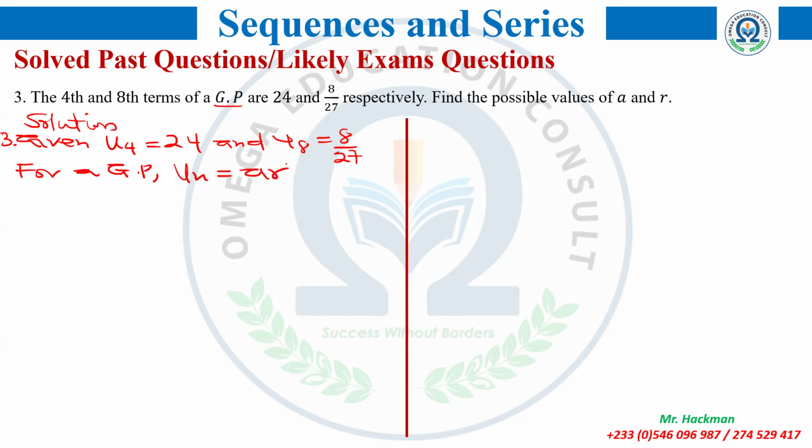A r to the power n minus 1, all correct? Yes. So can I say that this implies that U sub 4 will be the same as A r to the power 4 minus 1, which will give me A r cubed, and that is equal to 24. You agree?